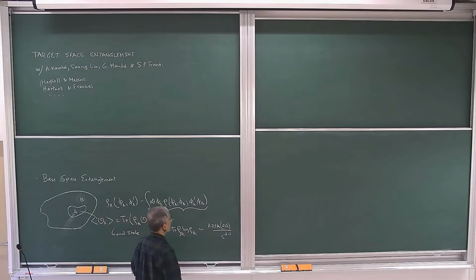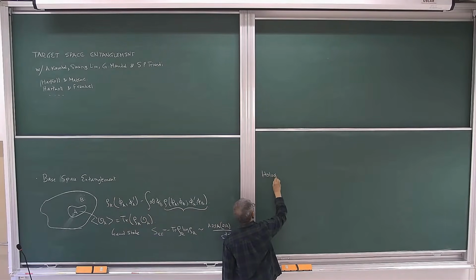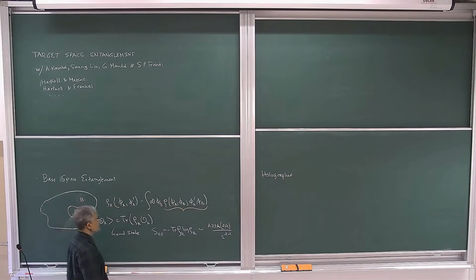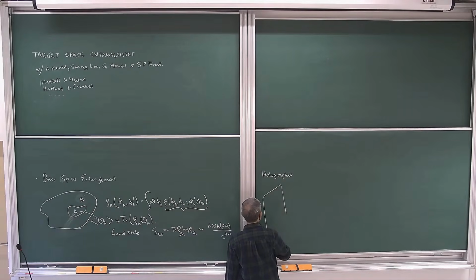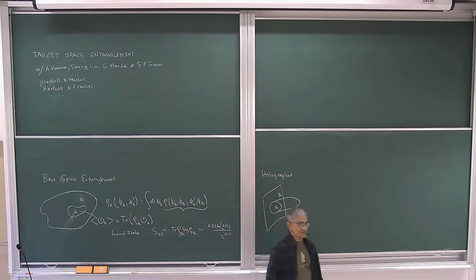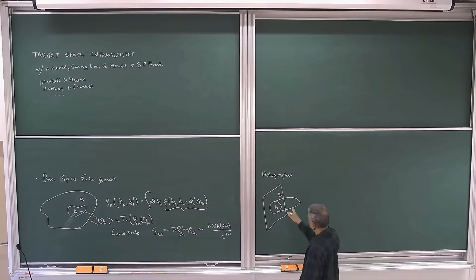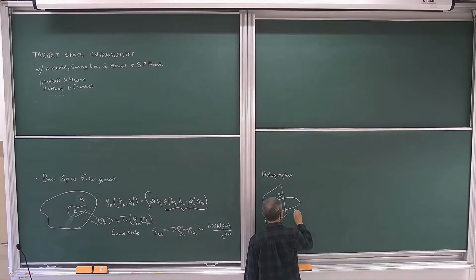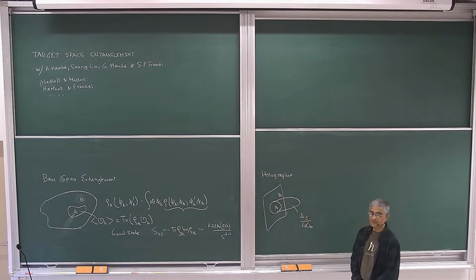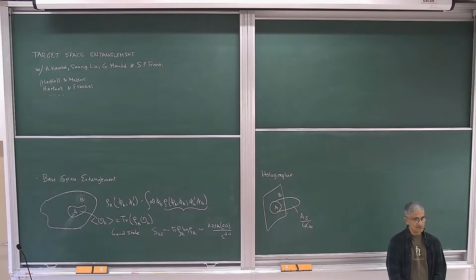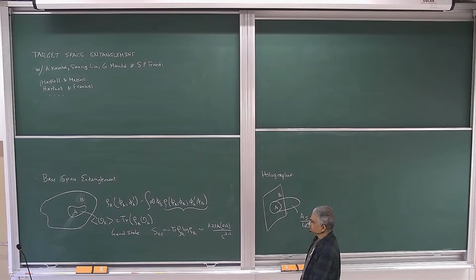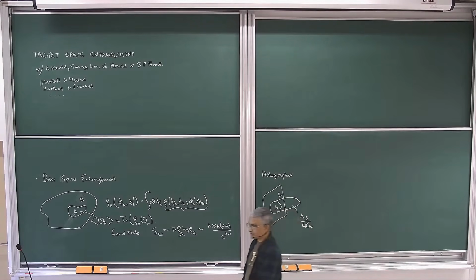In holographic theories, there is a beautiful geometric understanding of this, namely if the field theory is defined, say, on the boundary, then what you are supposed to do is to draw an extremal surface which is anchored on the boundary of this A. And the Ryu-Takayanagi formula tells you that you want to calculate the area of that extremal surface, divide by 4 times the Newton constant, and what you will reproduce is the field theory entanglement entropy.